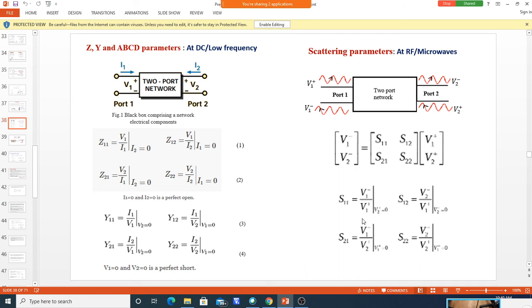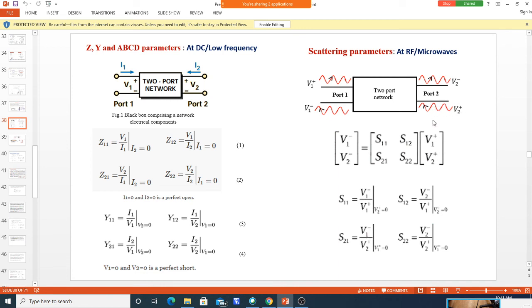Each parameter is defined similar to V1 by I1 giving Z11. Similarly, S11 is V1 minus, the outgoing wave at port 1, divided by V1 plus, the incident wave at port 1, with V2 plus equal to 0. That means we are not inputting any signal at port 2.